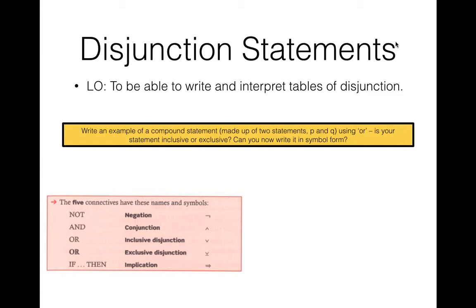It might be that your statement can only be exclusive, but it's very rare that that actually happens. How, if you want it to be exclusive, can you show it in words? And then can you write it in symbol form? Have a look at the table in red to see how to write the inclusive or the exclusive disjunctions. Pause the video now and try and make up your compound statement.